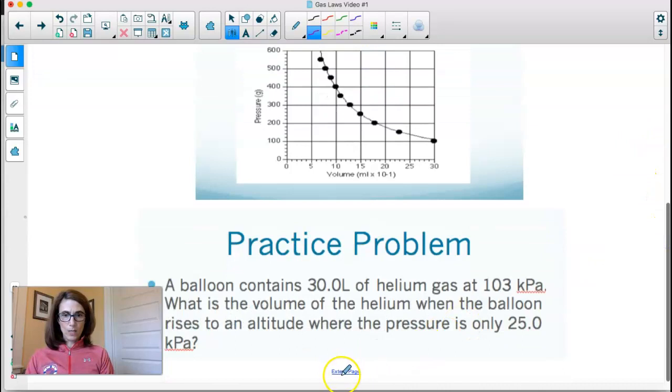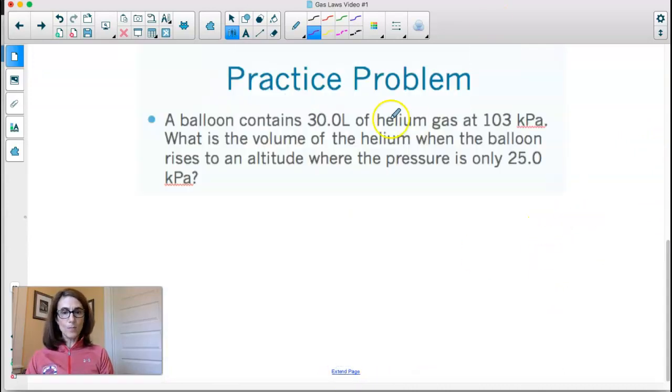And if we take a look at a practice problem, so if we have a balloon that contains 30 liters of helium gas at 103 kPa, so that's kilopascals, so we're given a volume and a pressure, and these are our starting amounts, so volume 1.